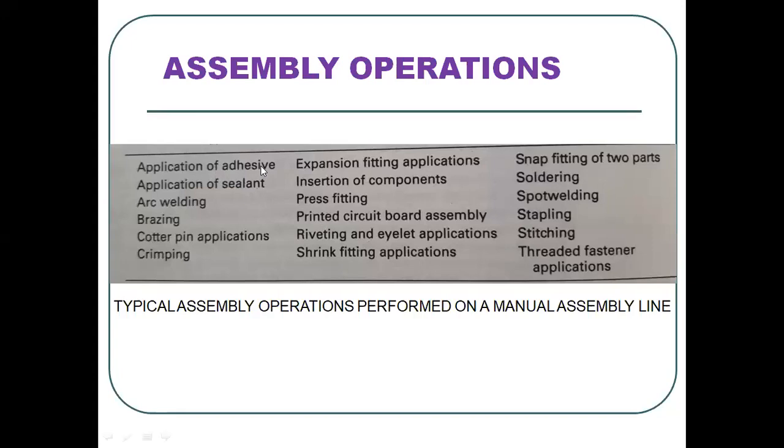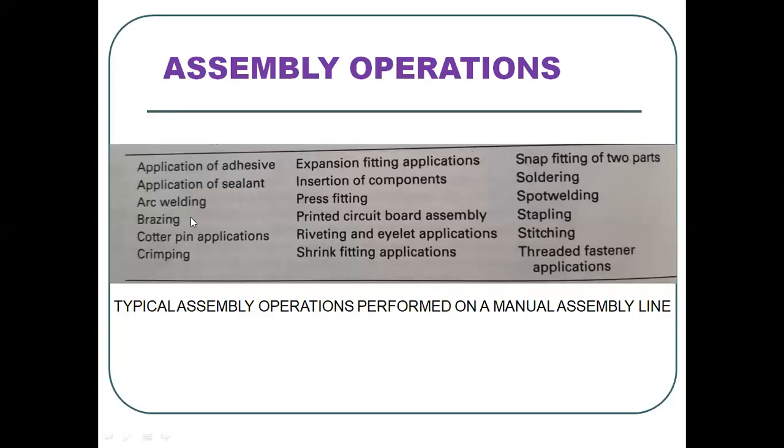You have the application of adhesive, especially for the car glass at the front, through which we view the road. That glass has to be glued with the help of adhesive. I've found a video that will clarify many other parts, especially automotive assembly. Then there is the application of sealant, for example.